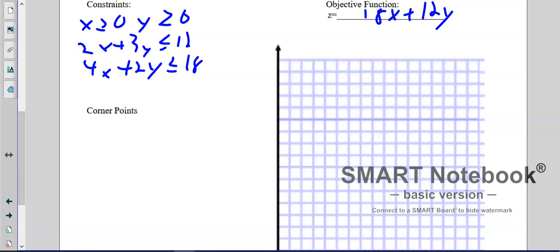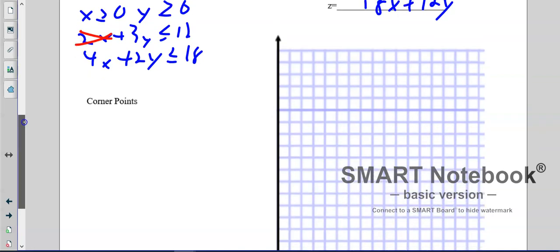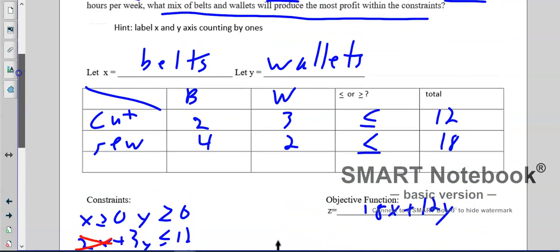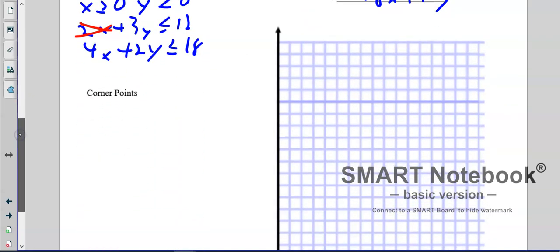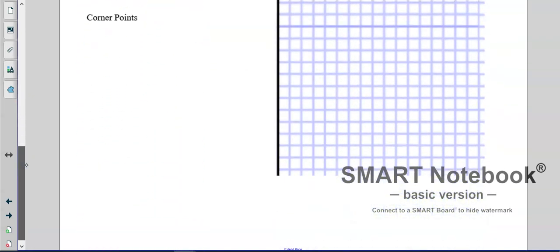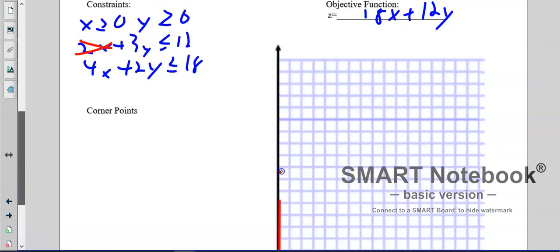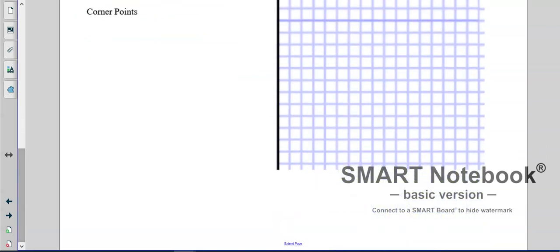Okay? So, if I cover up this, then 12 divided by 3 is 4. And notice it says count by ones. So, y is 4. So, I don't know what happened here, but the bottom line got cut off. So, we're just going to make this the axis right here.